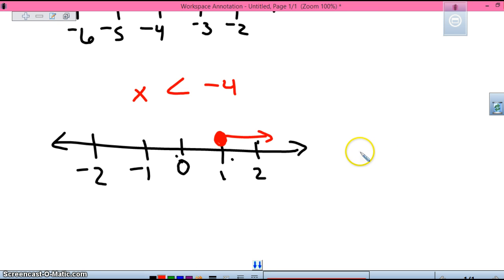What can we use as our variable? X. So this closed circle tells us what? Greater than or equal to 1. Very good.